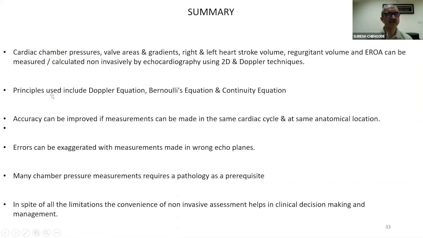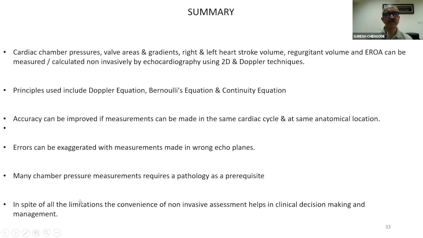The principles used are the Doppler equation, the Bernoulli equation, and the continuity equation, and the accuracy of the measurements can be improved by making the measurements at the same anatomical location and in the same cardiac cycle, which may not be possible all the time, that we know. And some errors can creep in by this, especially when the measurements are made in wrong echo planes, especially when there is foreshortening happening. And then we saw that for measuring the chamber pressure, you require some pathology as a prerequisite.